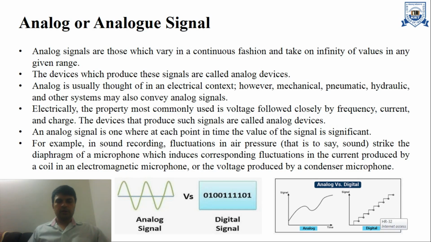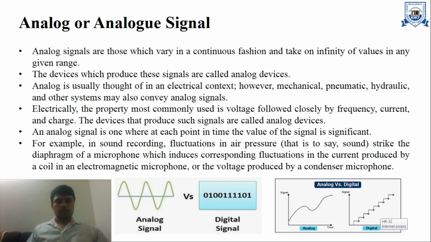The devices that produce such signals are called analog devices. An analog signal is one where at each point in time the value of the signal is significant.